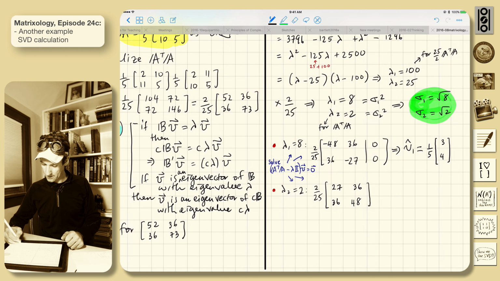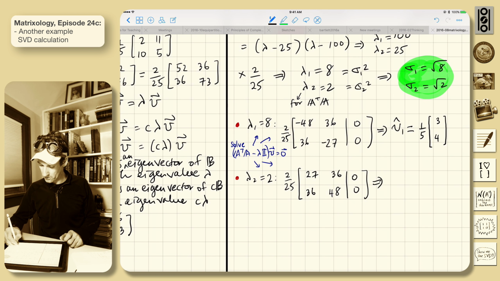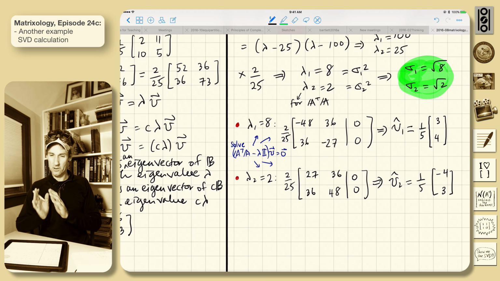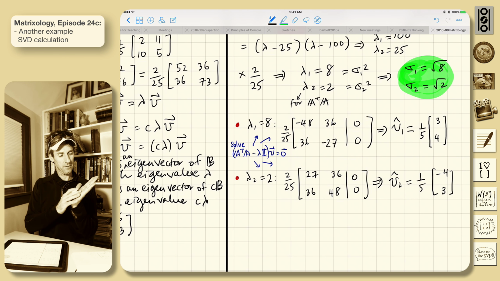Again, there's that 3 to 4 ratio. We're solving this null space equation. You can do row reduction, but we can see it straight away for 2x2s. 1/5, and we'll say this is minus 4/3, because if we have V1 here, V2 will be here, and we like that.